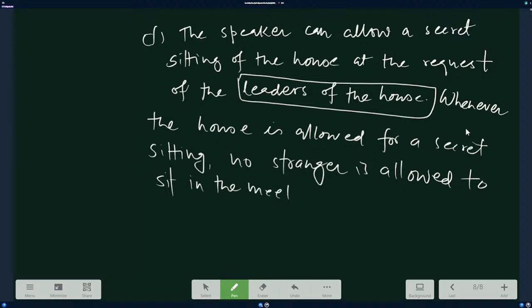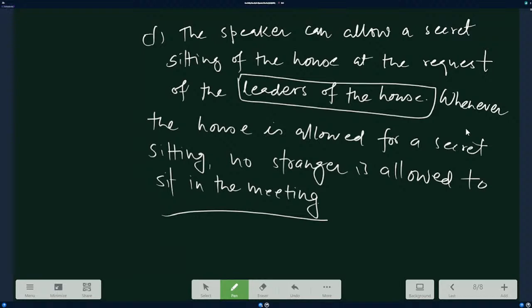No journalist is allowed there. No public, no journalists, nobody from outside is allowed in the secret meeting. Only the Speaker and the members of the house.